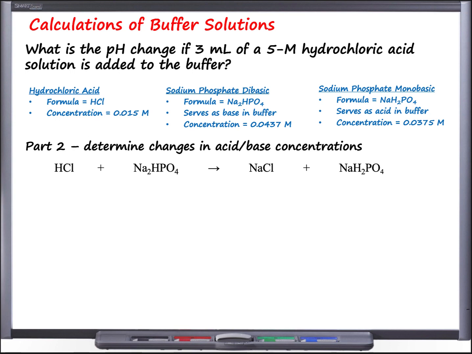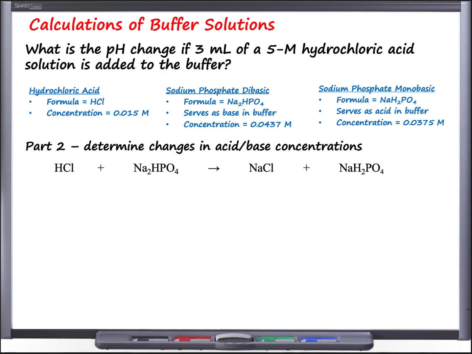When that reacts with the hydrochloric acid, once the hydrogen chloride dissociates, the hydrogen ion will displace one sodium from the dibasic sodium phosphate. That sodium that got displaced will react with the chloride from the hydrochloric acid and form a sodium chloride, or salt, molecule.